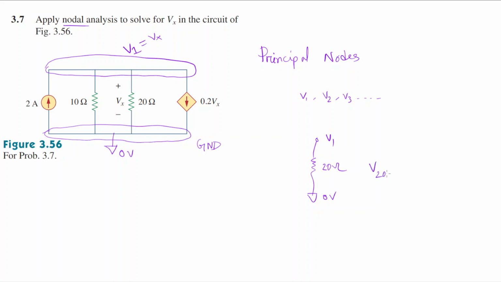So V20 ohms is going to be V1 minus 0 or V1 as per our deductions. And as the circuit is drawn or this Vx voltage is measured, this V1 is exactly equal to Vx.